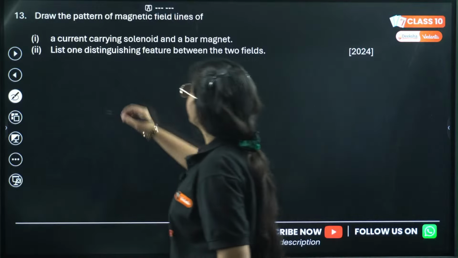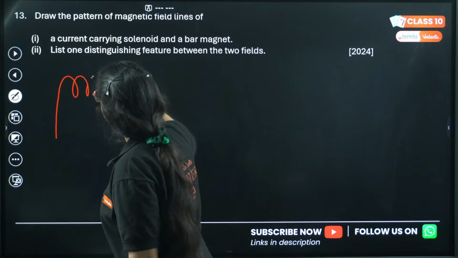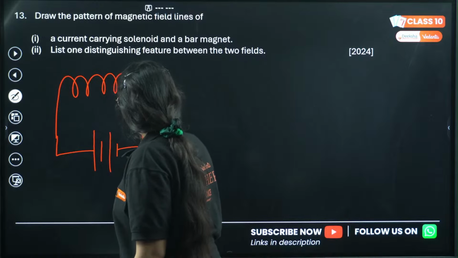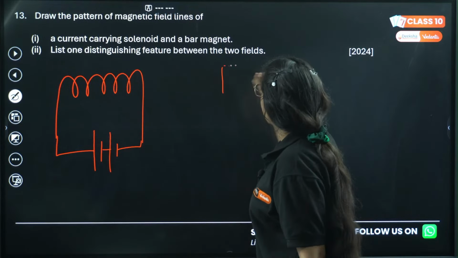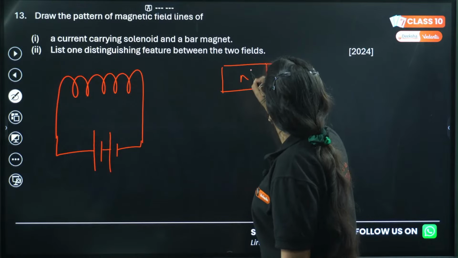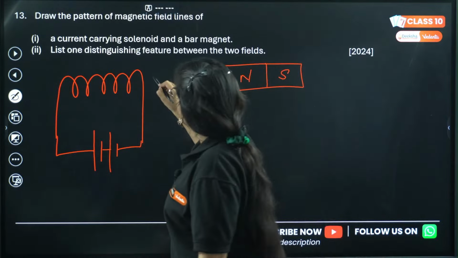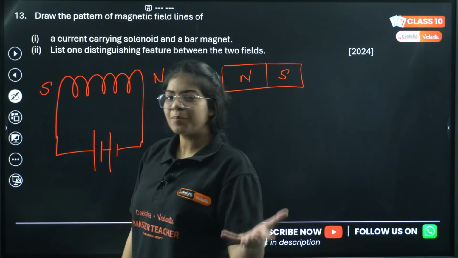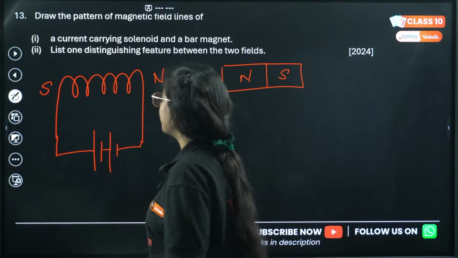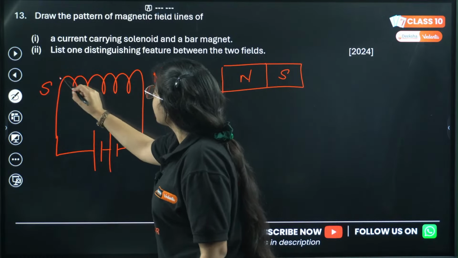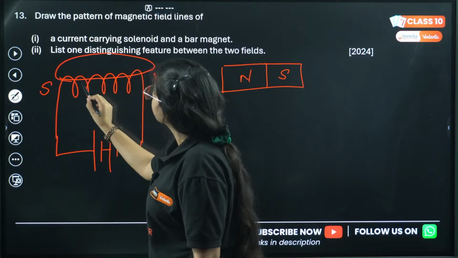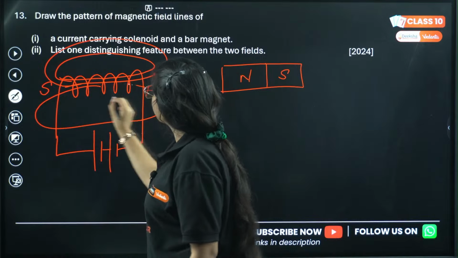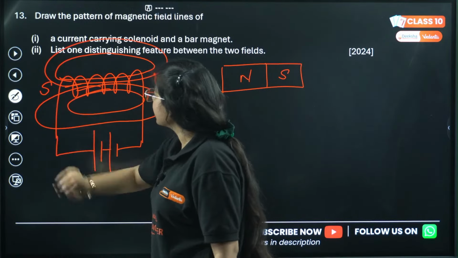Let's just do it. We have a solenoid. And then we have a bar magnet. This is a bar magnet. Correct? Now, negative side will be north and positive will be south. You remember these two? From negative, north, N. Okay, you can remember this. Now, inside solenoid, these will be the magnetic field lines. Correct? This will be the shape of magnetic field lines.